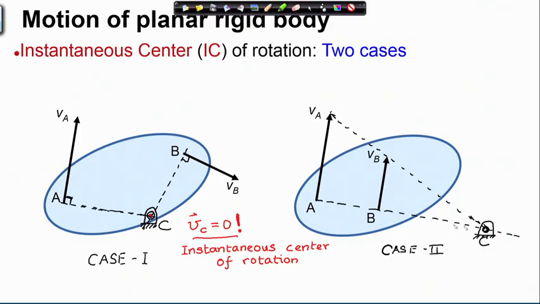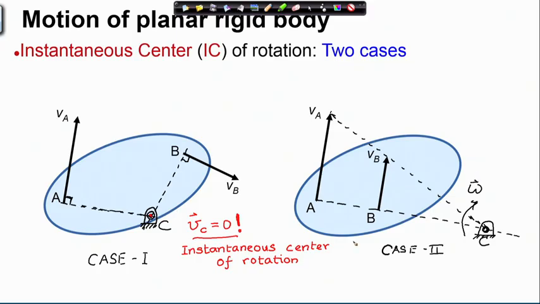You can see that velocity of b is proportional to b c and velocity of a is proportional to c a, and that is why it is increasing linearly with that distance, because the angular velocity of this body is something which is fixed.